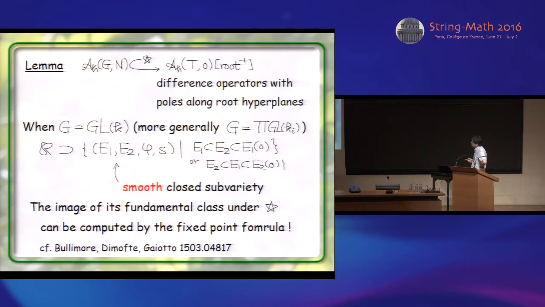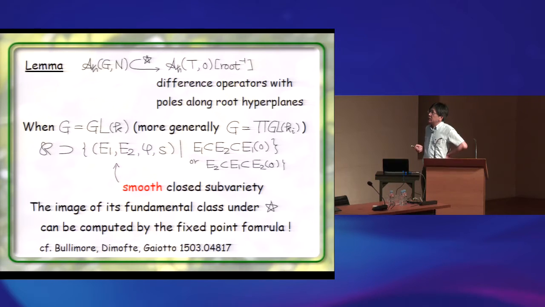So I consider pairs. For GL_k, it means I consider rank k vector bundles on the formal disk. So I consider pairs of vector bundles E1, E2, and phi, and S. And phi is given by the following correspondence.